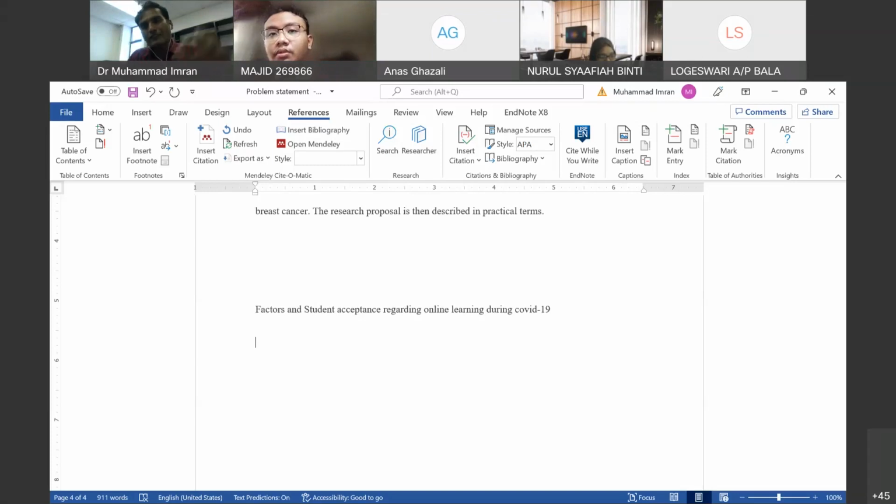Okay, why? The second thing is, why is student acceptance regarding online learning low? Then you list the factors, issues. Suppose affordability can be one of the issues. Internet facilities are related to affordability.